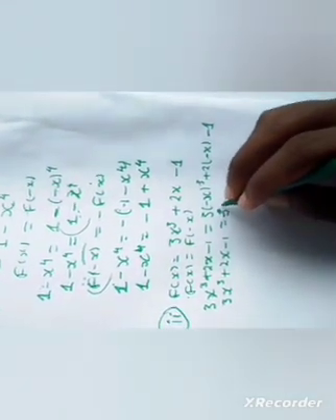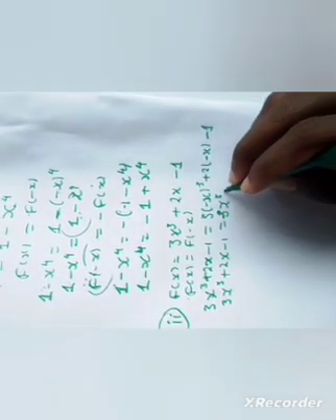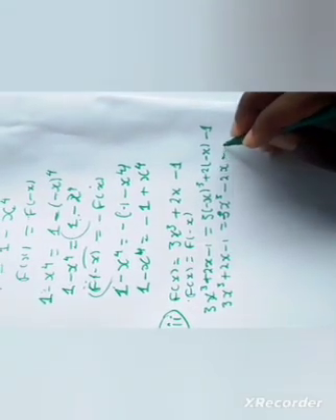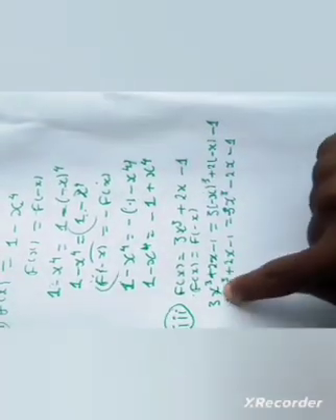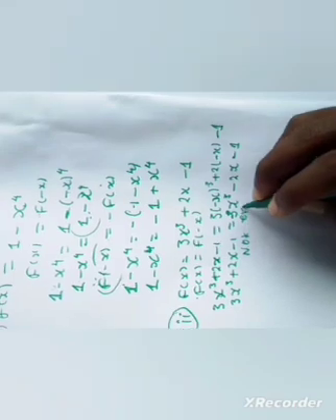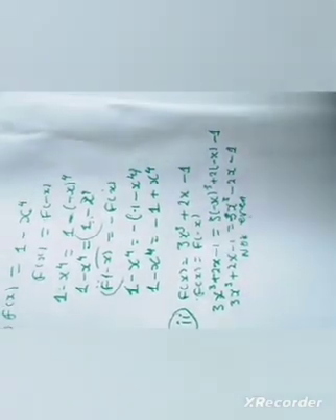So I have a negative in front of x power 3, and here I have negative 2x minus 1. Now, is what I'm having on the left side equal to what I'm having on the right side? No, right? So this is, of course, not even. If it is not even, don't end here, proceed. Let's try to find if maybe it is odd.